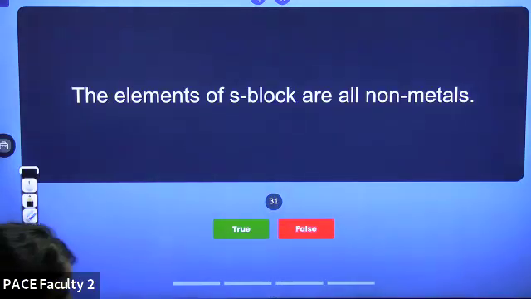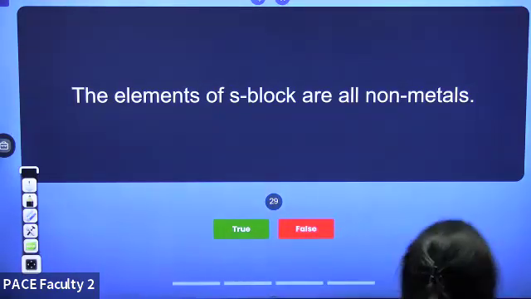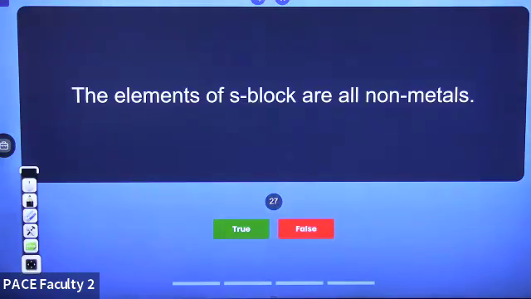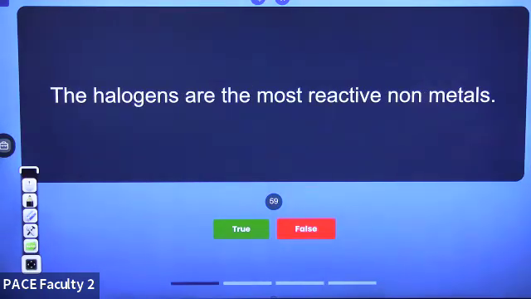Dondi, where are you? What are your answers? Please participate. Dumka has answered. Anupur, where is Anupur? But this is false. They are actually metals.